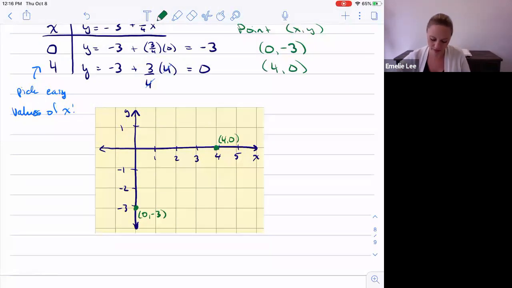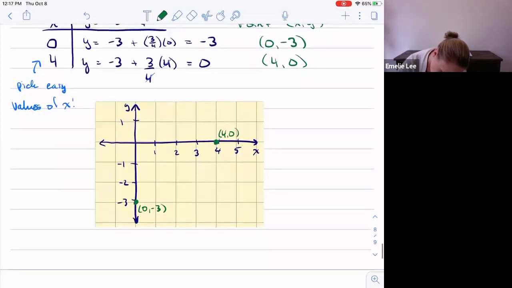Now I've got my points, and what I'm going to do is connect these two using my straight edge here. Oh, there's a little bulge here, forgot about. Maybe I'll use a piece of paper for this long one here.